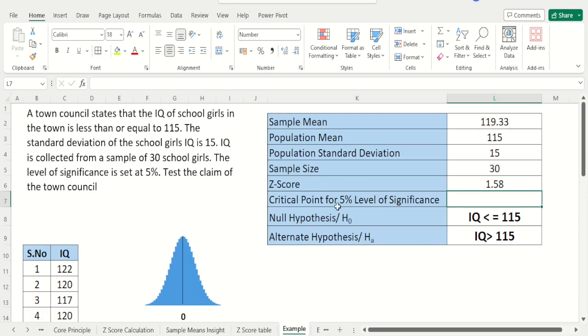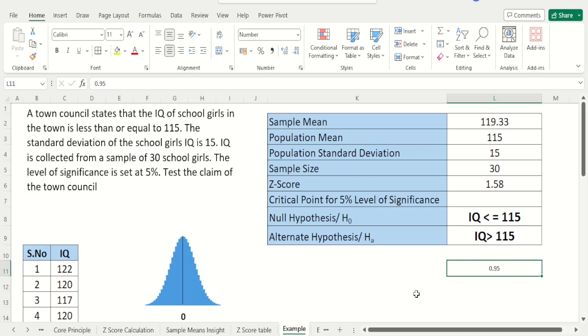But before that, let's calculate the critical point for 5% level of significance. If we say that the level of significance is 5%, it means that the critical point will be somewhere at around 95%, right? It will be somewhere here in this region at about 95%. As you know very well, 95% can be represented numerically as 0.95.